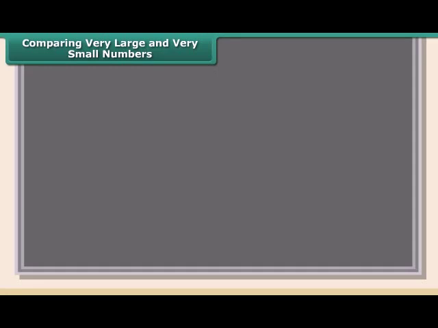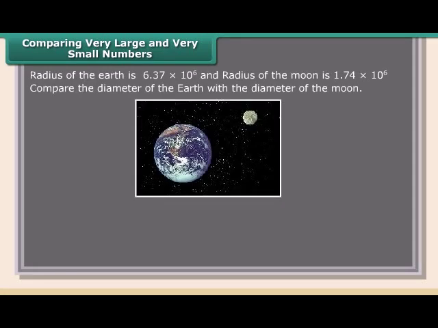Comparing very large and very small numbers. Radius of the earth is 6.37 into 10^6, and radius of the moon is 1.74 into 10^6. Compare the diameter of the earth with the diameter of the moon. Diameter of the earth is 12.74 into 10^6 meters.